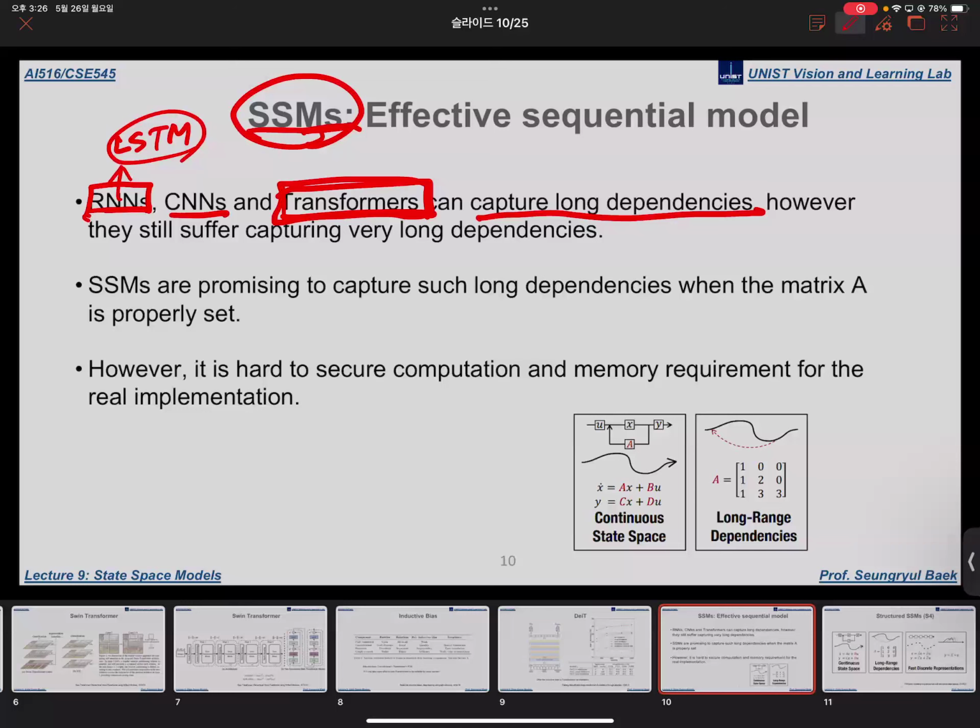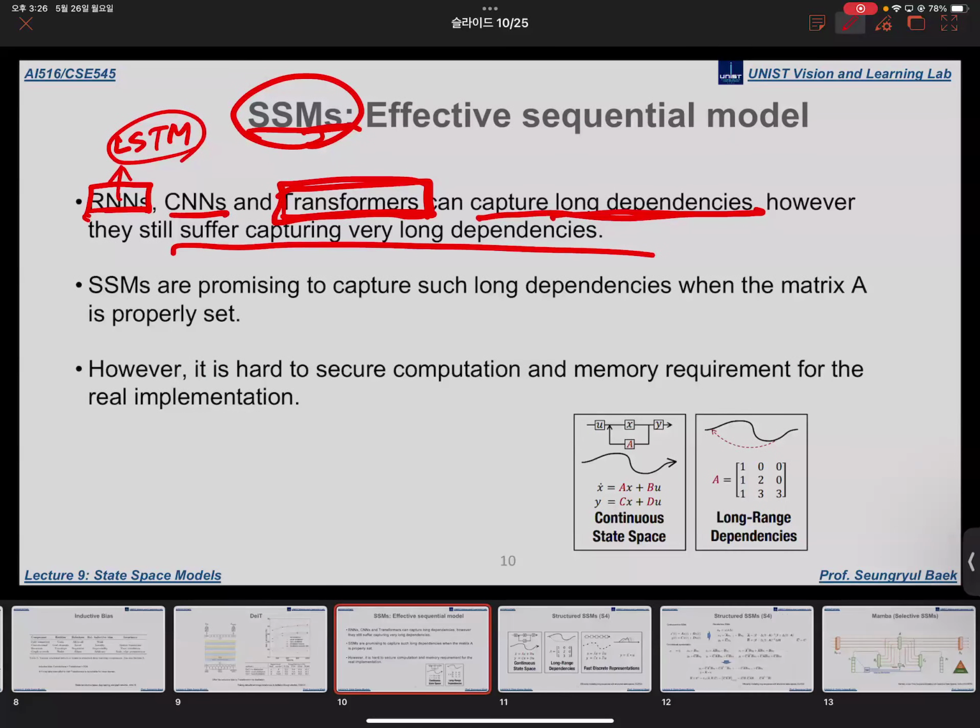Because inherently the transformer can capture global context via self-attention, it is good for capturing long dependencies. However, they still suffer capturing very, very long dependencies. The paper says that beyond this number of dependencies, they are suffering.